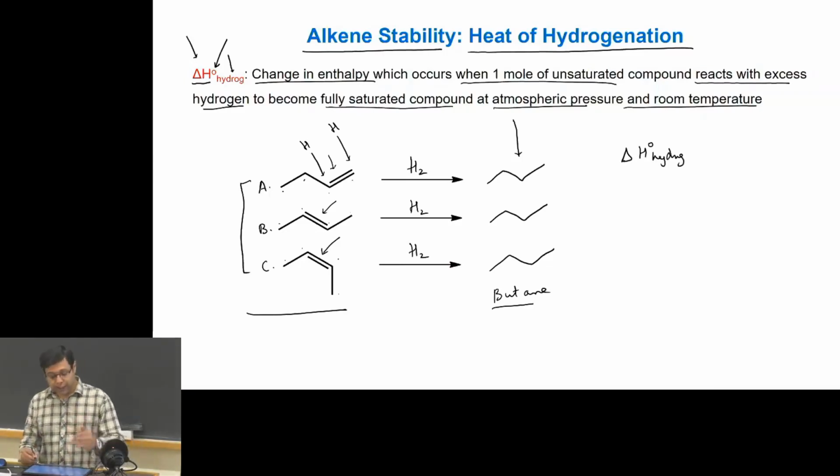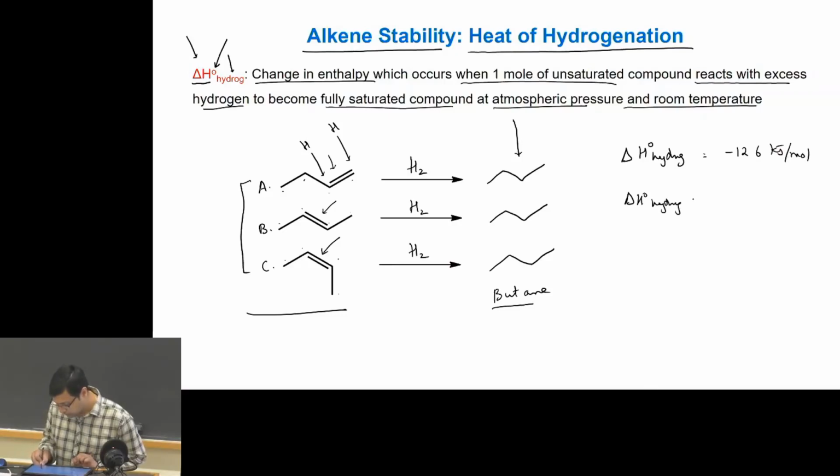So let's look at the values for these 3 compounds. Minus 126 kilojoule per mole, minus 116 kilojoule per mole, minus 120 kilojoule per mole.